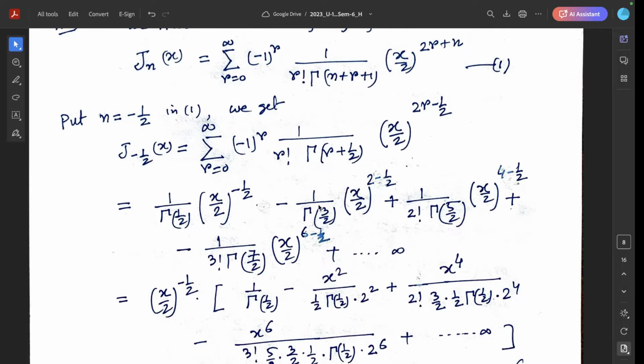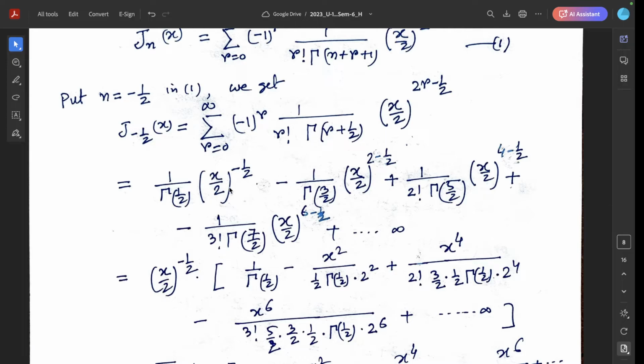For r equal to 1, this is 1 factorial, and minus 1 to the power r is minus 1, and x by 2 whole to the power 2 minus half. For r equal to 2 we get this term, r equal to 3 this term, plus dot dot dot up to infinity. Taking common x by 2 whole to the power minus half, we get 1 by gamma half, minus x square.